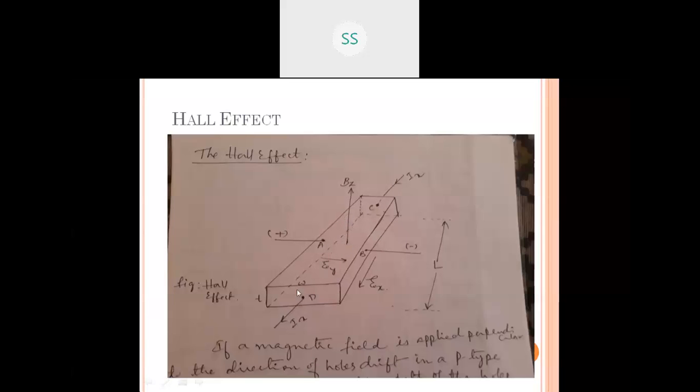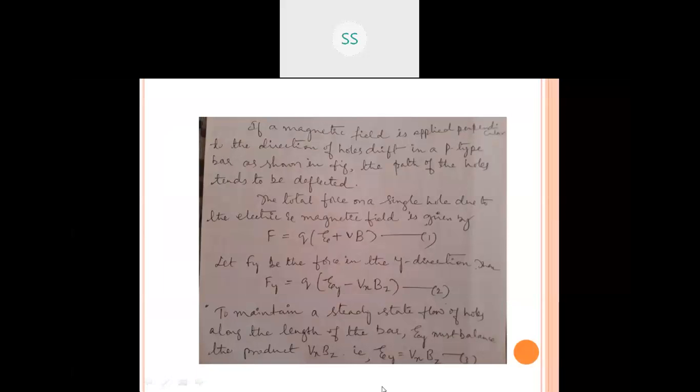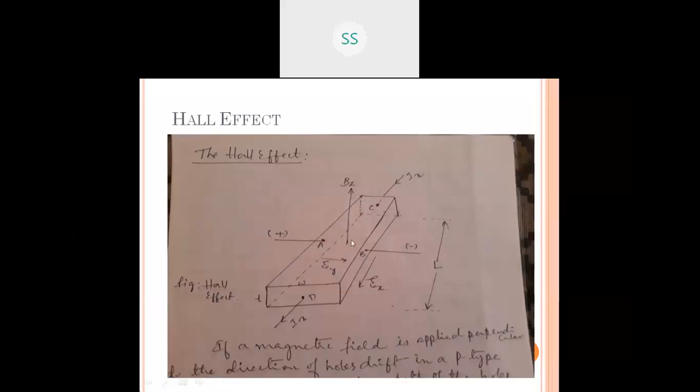But if our y component of the electric field Ey is more than Vx into Bz, then these holes between points C and D do not experience the lateral force and they drift along the bar from C to D point.